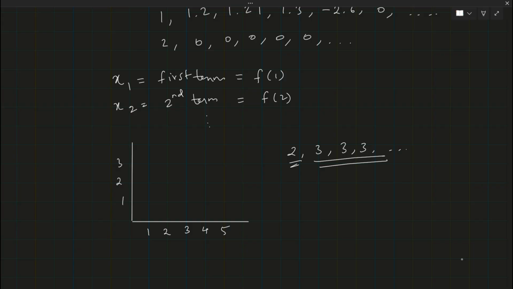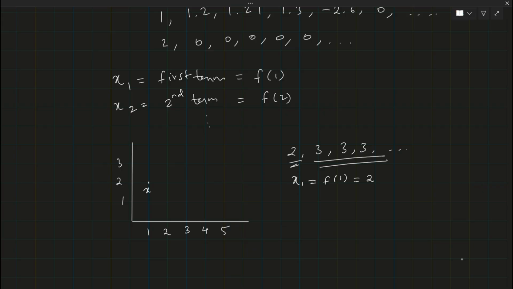Since we would denote the first term of the sequence by the symbol x1, x1 is basically f of 1, and f of 1 is 2 in this case. So in order to visualize this point, we would plot 1 comma 2 here, because the first term is 2.